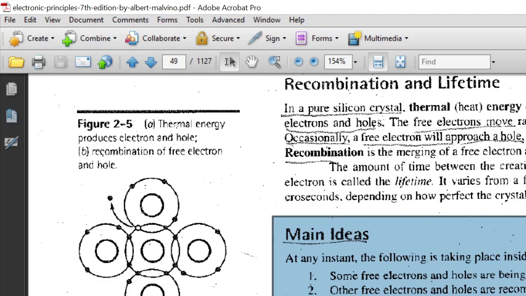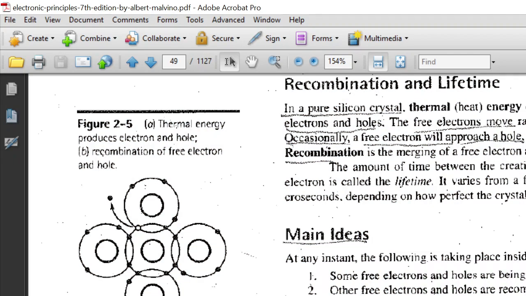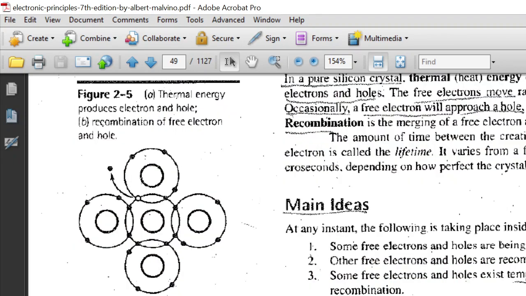So if I ask you that at this particular room temperature, what is the number of free electrons and holes in a silicon crystal, there is no one answer, because at every instant of time some new free electrons and holes are getting created, some are getting recombined.